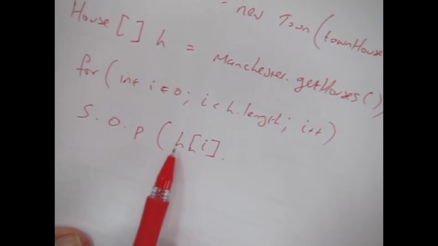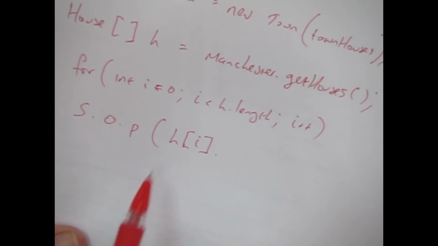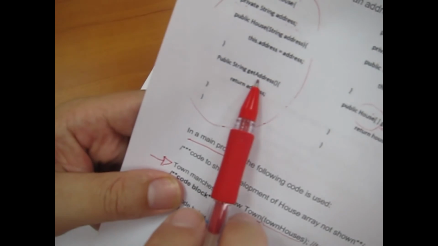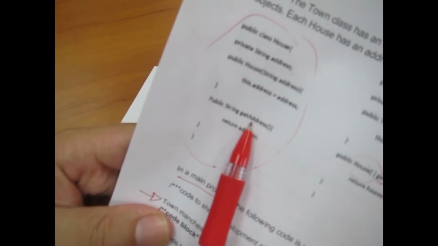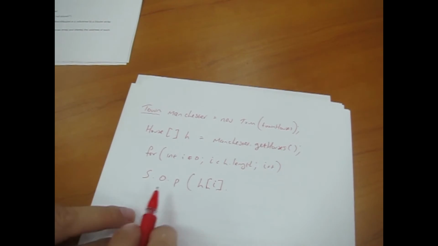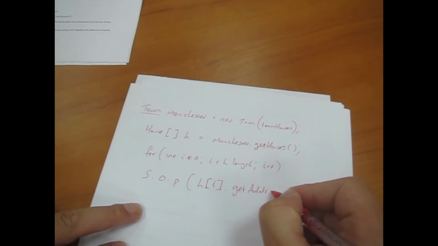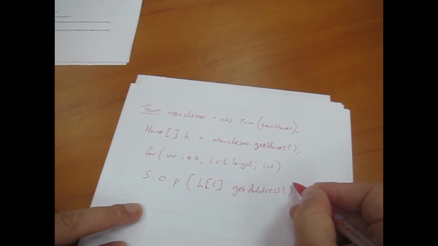Every element of my h array points to a house object, and every house object has a getAddress method. This is the House class. It has a getAddress method. So System.out.print h[i].getAddress(). And that's my answer.